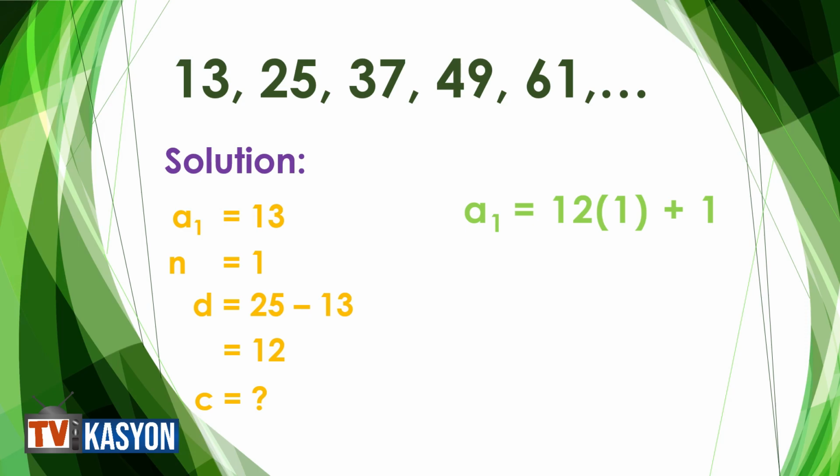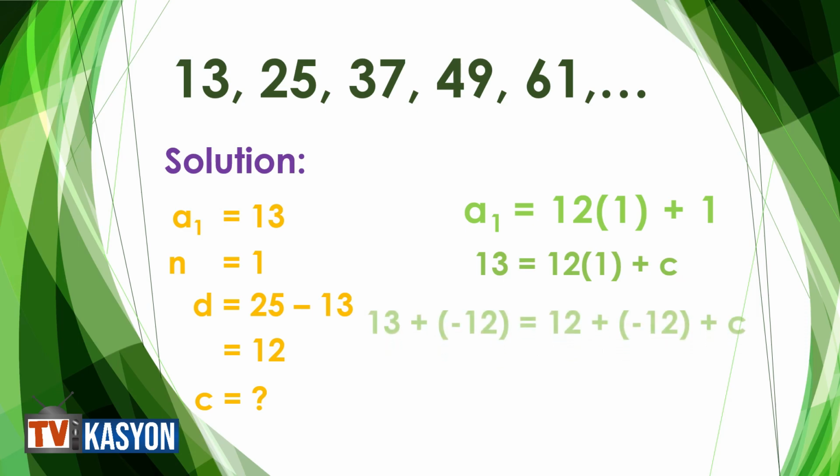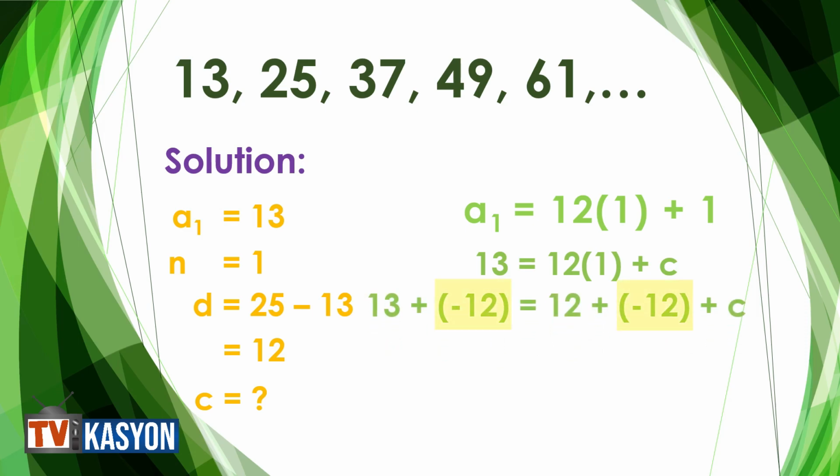To get the value of c, we will use the first term denoted as a sub 1 equals 13. Doing so, we have 13 equals 12 times 1 plus c. To solve for the value of the constant, we will use the addition property of equality. Add negative 12 to both sides of the equation and continue with the calculations.